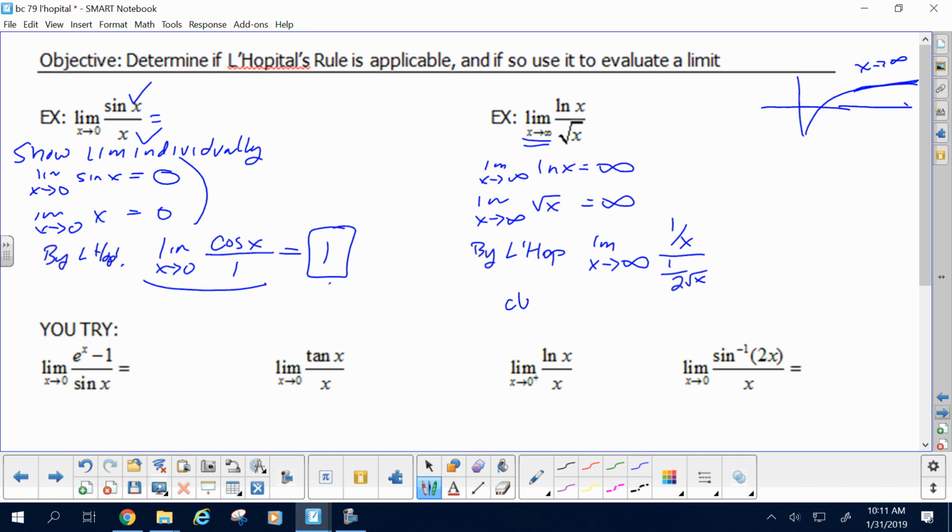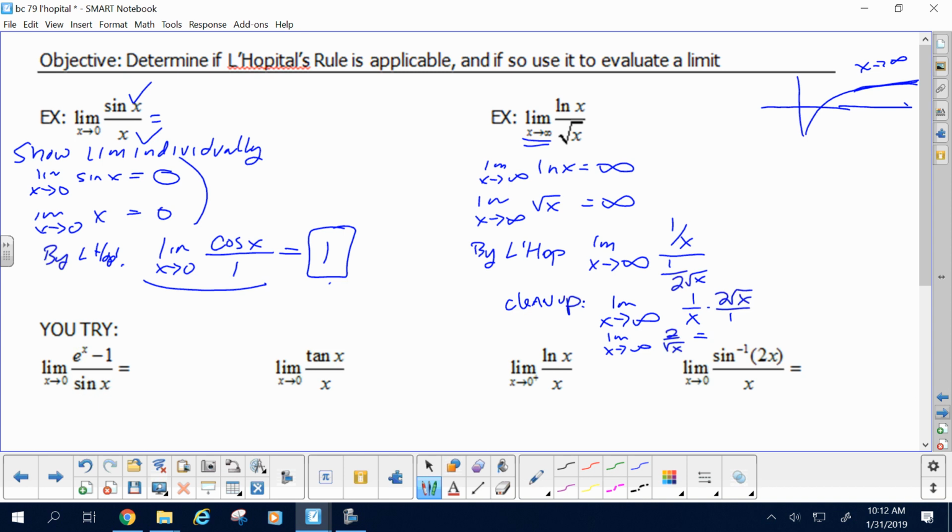So would you take a clean-up step so we can evaluate the limit a little better? If I clean this up, this is the same as 1 over x times 2 root x over 1, which is the limit as x goes to infinity of 2 over root x. If I simplify root x over x, isn't it root x in the denominator? Cool? Are you with me?